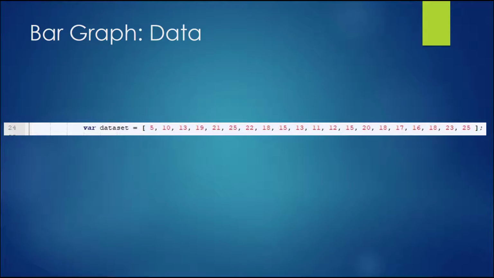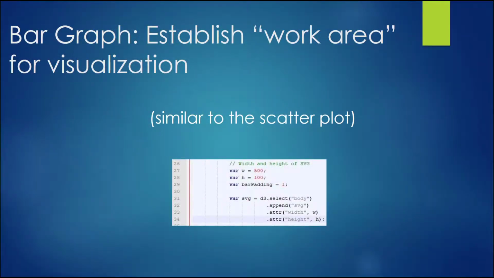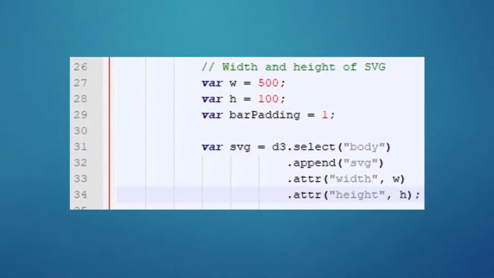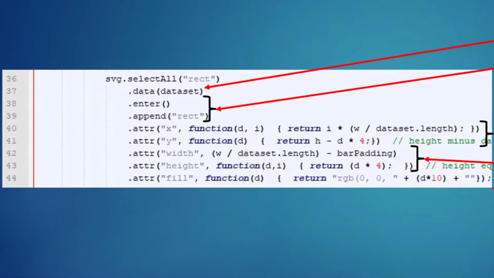This time, we have fixed data values. No more playing around with a random number of functions. Similarly to the scatter plot, we established the overall dimensions for the visualization. At least in a general sense, this resembles the previous examples of how elements are generated, except now, instead of appending paragraphs or circles, we are appending rectangles to serve as the bars on the bar graph.